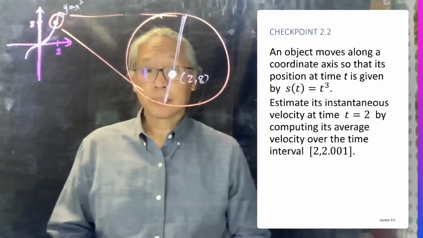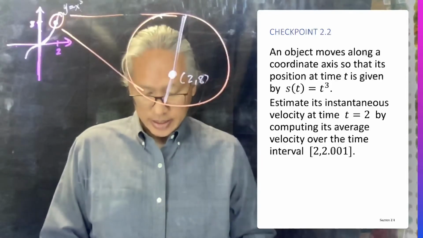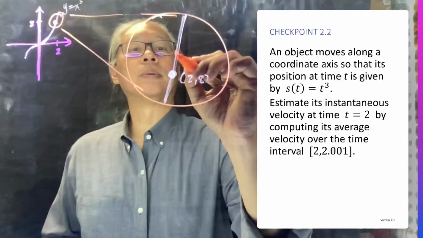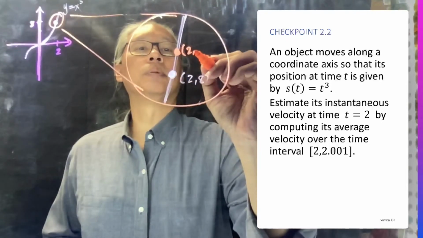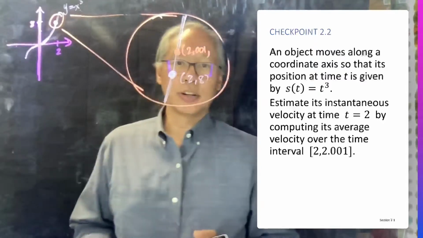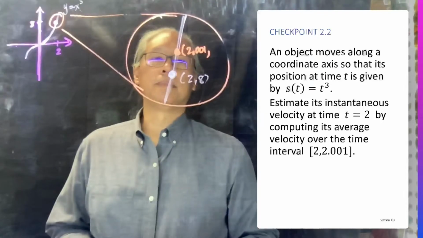All right. Now what they want to do is move just a little bit over at 2.001. And what we want to do is figure out what the y value is when you put in 2.001.